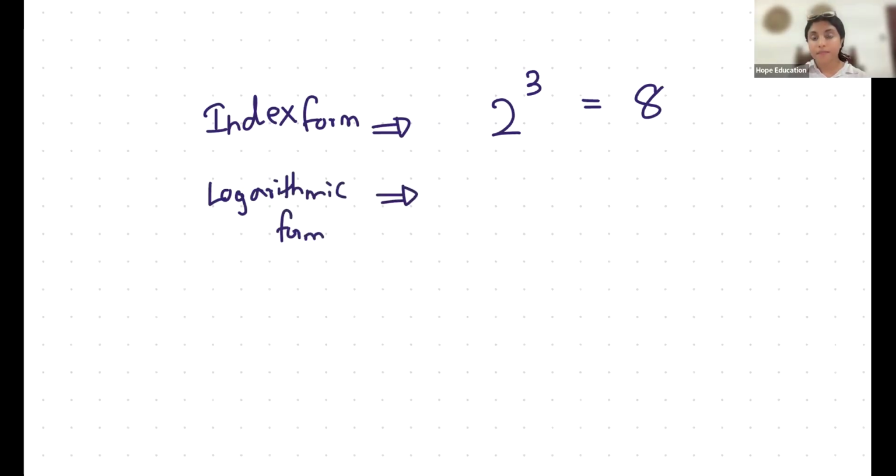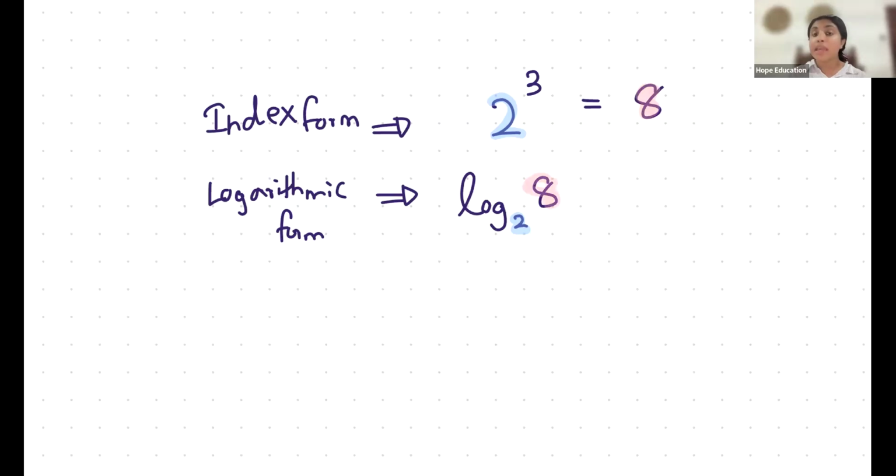Log. මෙන්න මෙතන තියෙන 2 එක තමයි base එක වෙන්නේ. That comes here. Right? This 2. Then this 8 comes here.